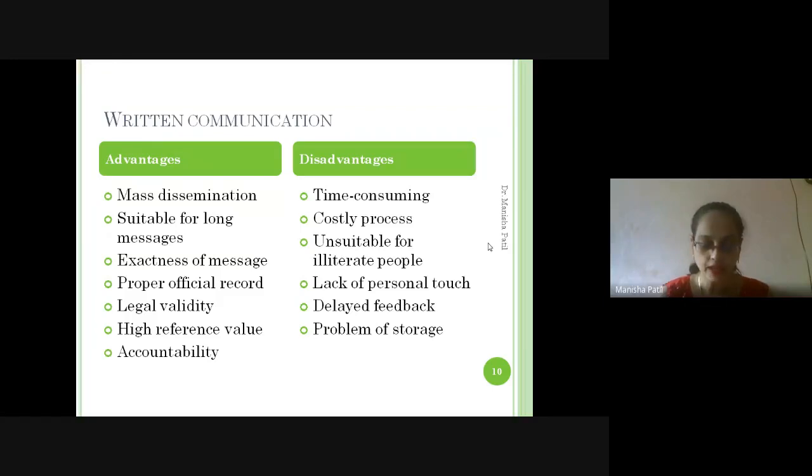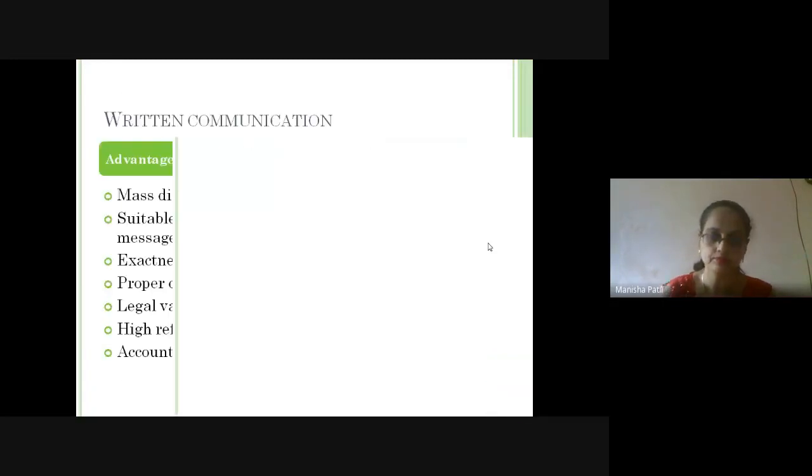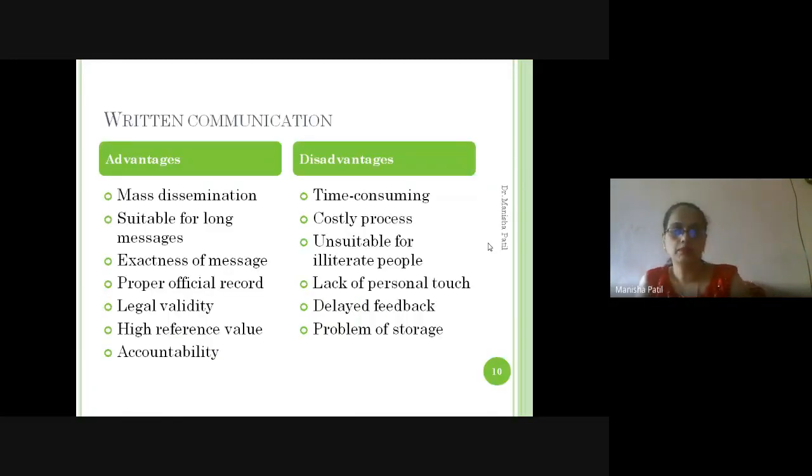But when it comes to the written communication, it is on paper or it's in the form of a book, and you have to store it for the future. And it takes a lot of space. So there is problem of storage. Please note down all the points.